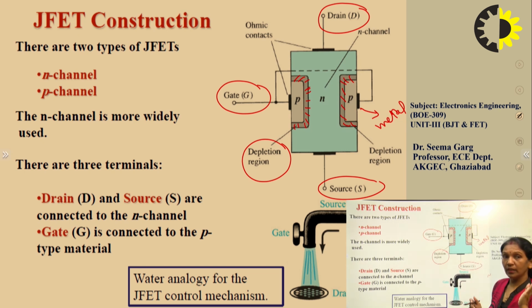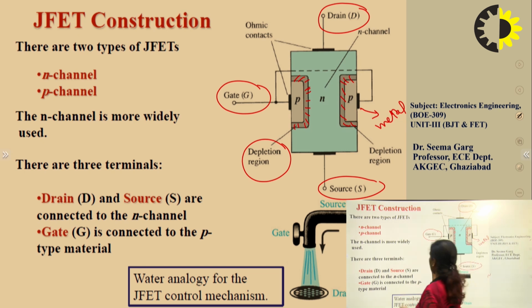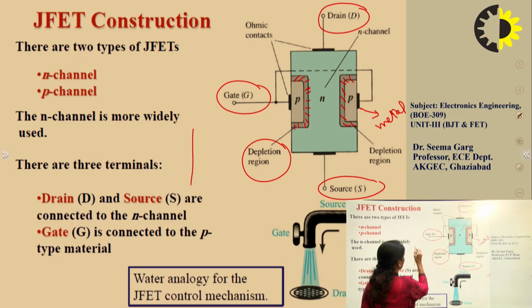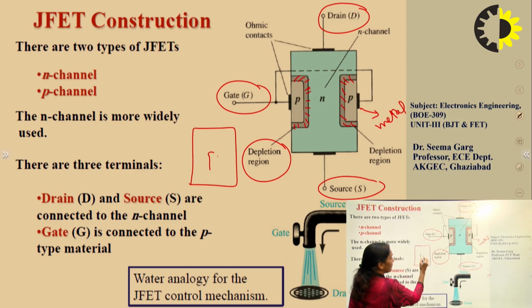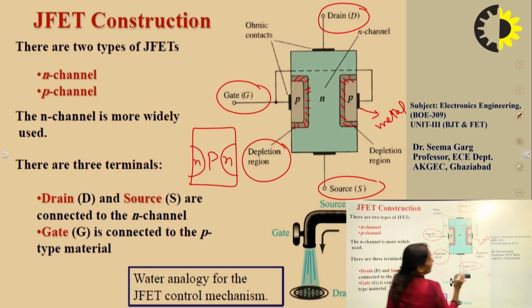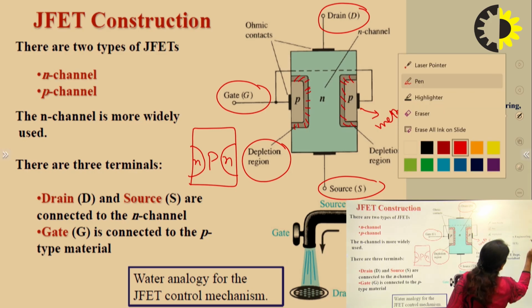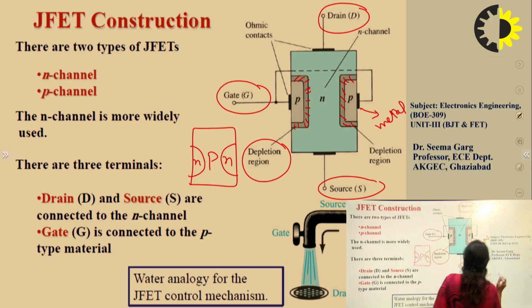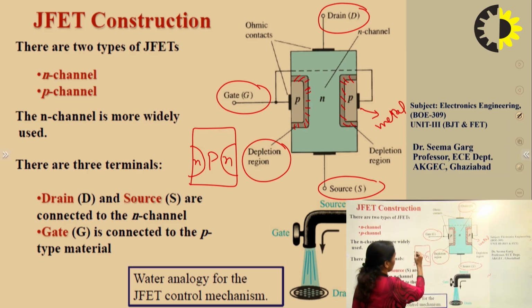In case of P channel, we'll be taking the P type semiconductor material, where two N type materials get doped, and here you can see because of this the depletion layer formation takes place.